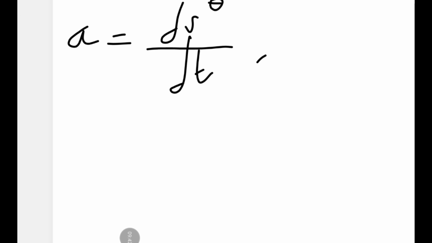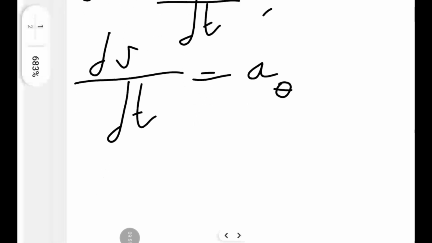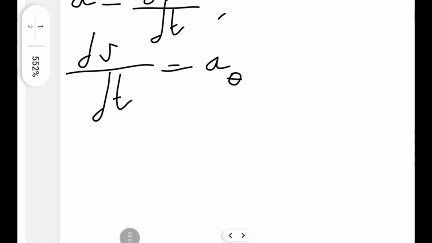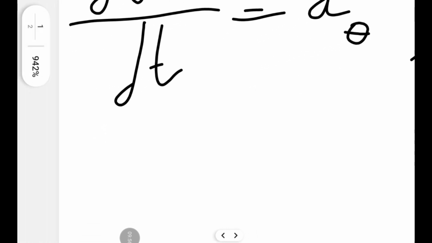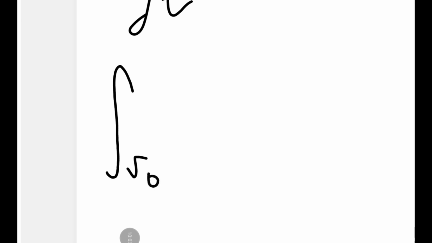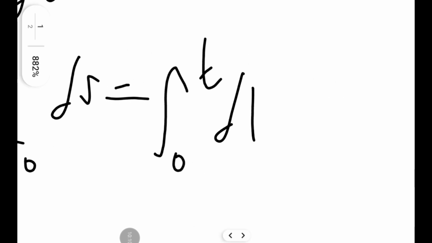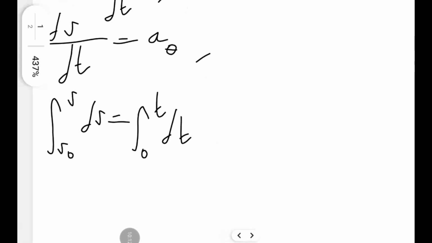So for the next part, dv by dt is equal to that full acceleration function, and we're going to get into this form, where the integral of dv between the initial velocity and the final velocity is equal to the integral between 0 and time of a of theta dt. That's the form we're going to get into.